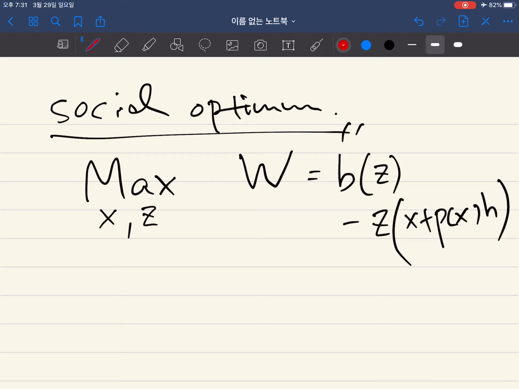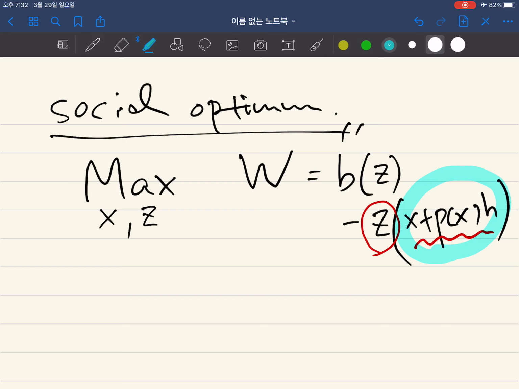If you look at this social welfare function, this term is familiar, right? This is our social cost up to here. And now the social cost part is multiplied by Z, the level of activity. Up to here, we thought about just a one-time interaction between injurer and victim, so it was enough to care about the one-time social cost.